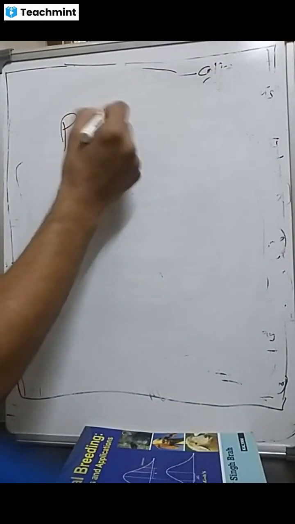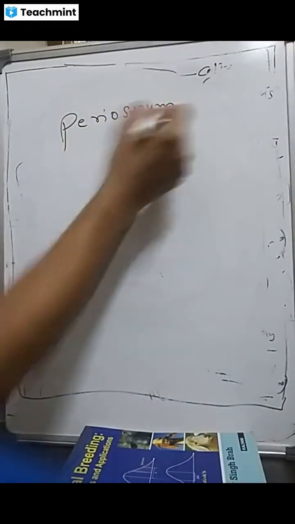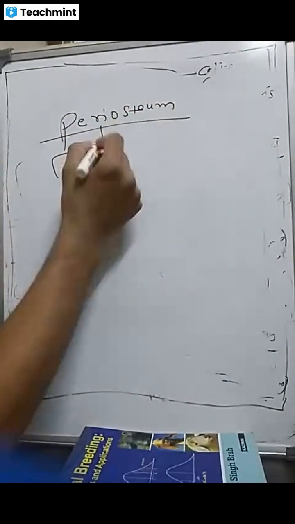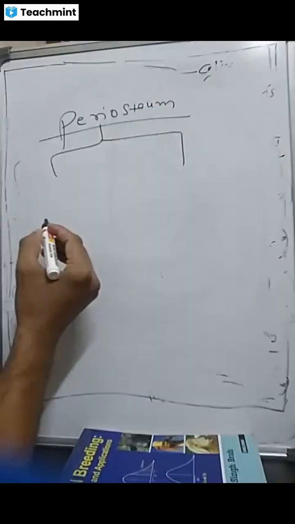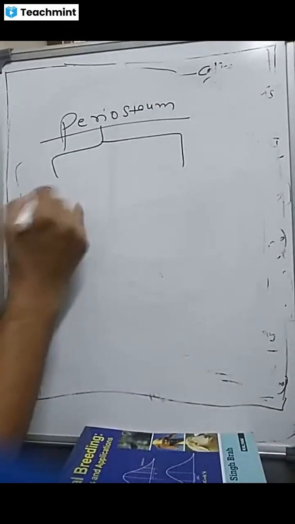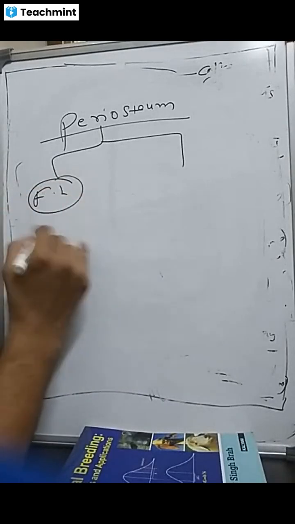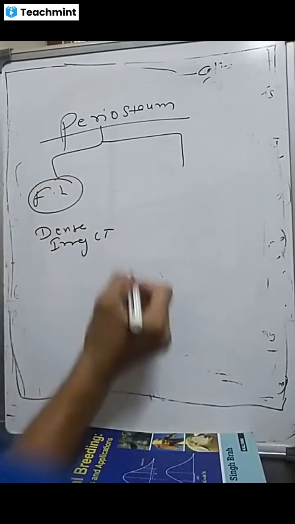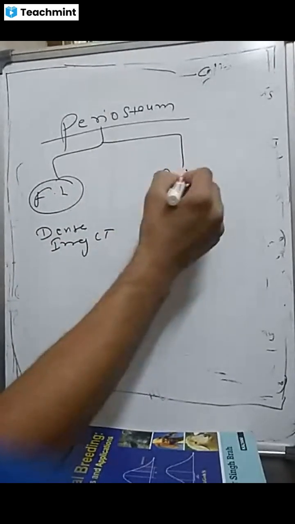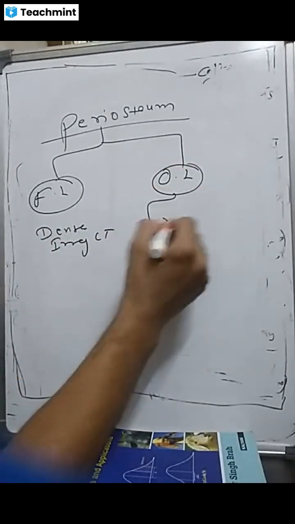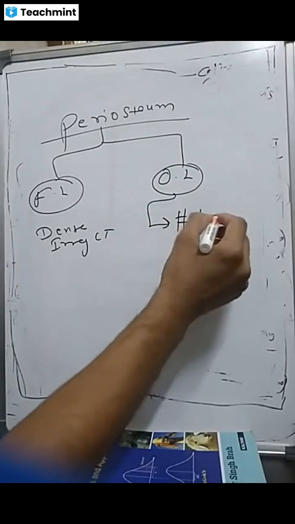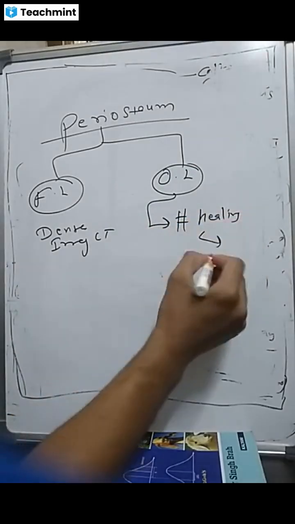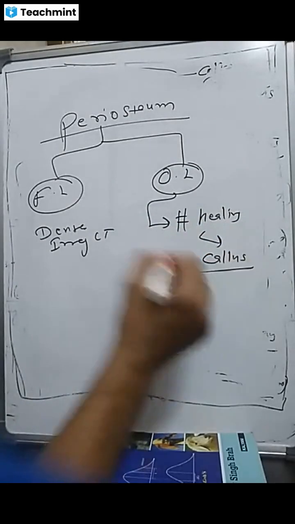So that's why this periosteum is very important. It has two layers: fibrous, your dense irregular connective tissue, and second, your osteogenic layer, which has the main role in fracture healing, the callus formation.